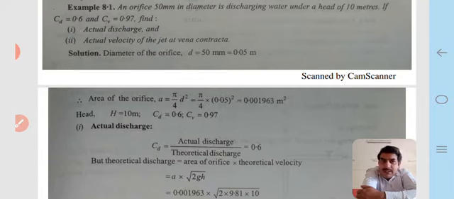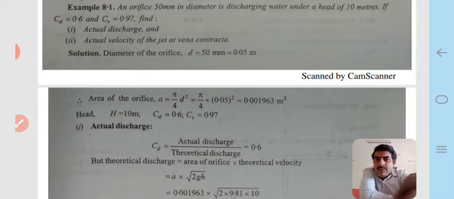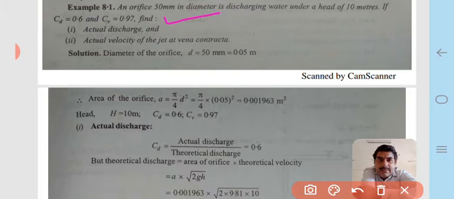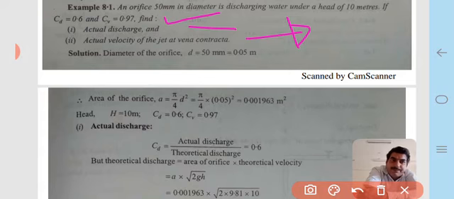If the coefficient of discharge is 0.6 and the coefficient of velocity is 0.97, calculate the actual discharge and the actual velocity at the vena contracta. Now we come to the solution part. The diameter of the orifice D is given, that is 50 millimeter, and it can be converted to meter, that is 0.05 meter.